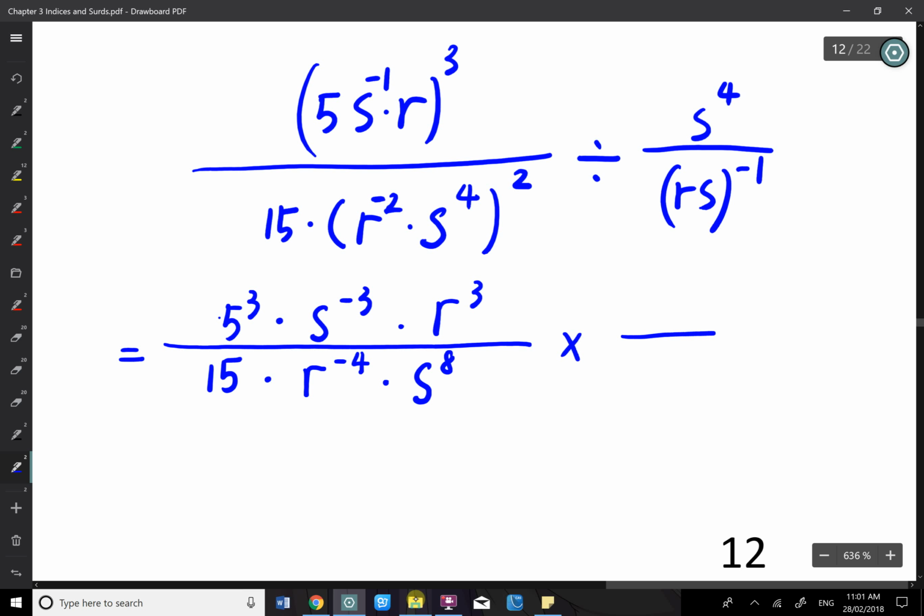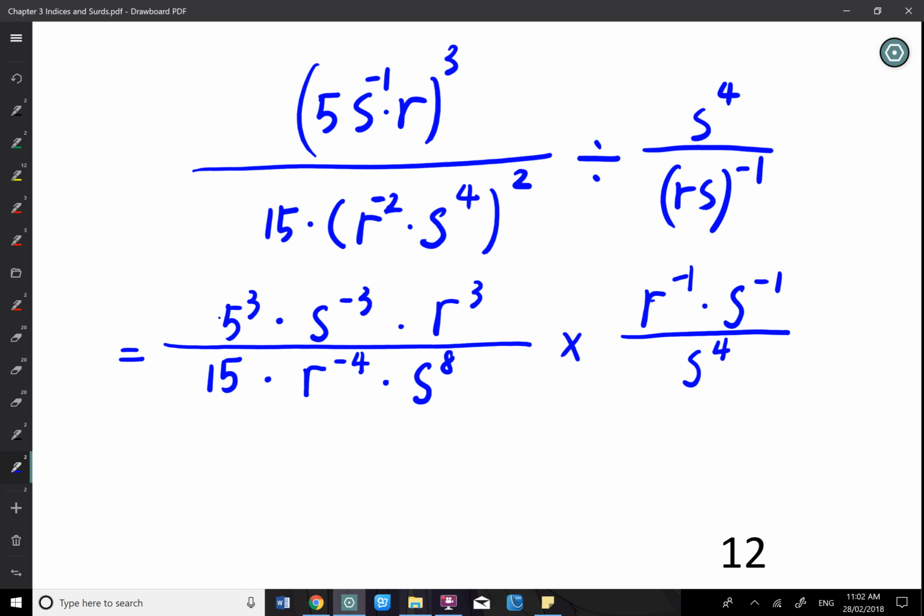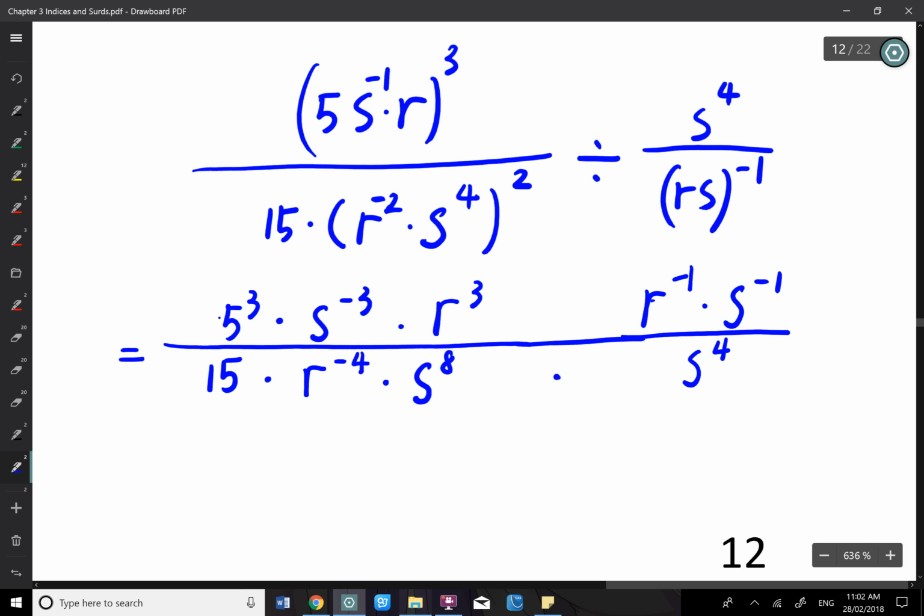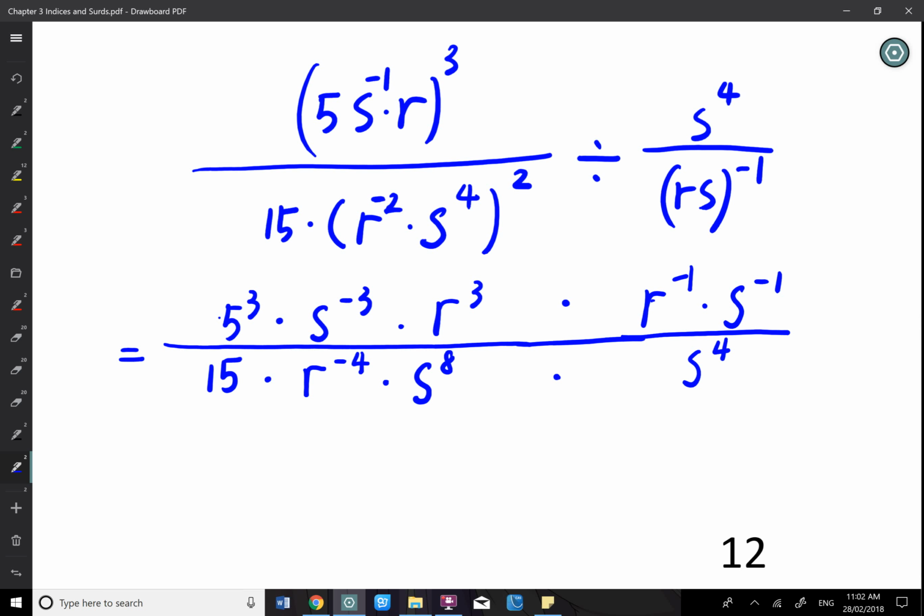Times the reciprocal. Reciprocal is just to simply flip them. That's s to the power of 4, r to the power of negative 1 times s to the power of negative 1. Yes? And because it's a times, I can just times the numerator times the denominator.